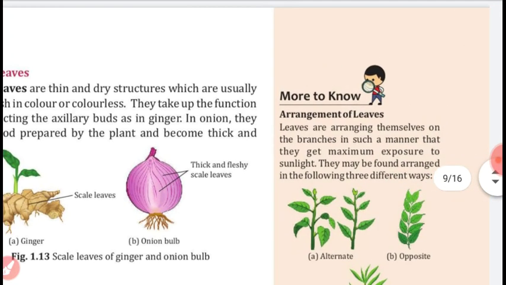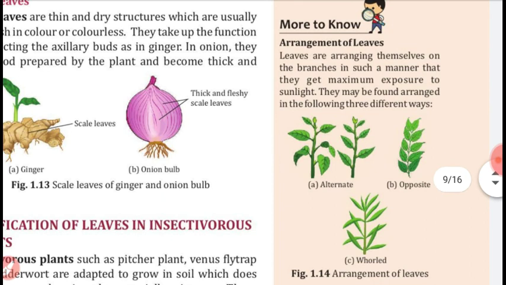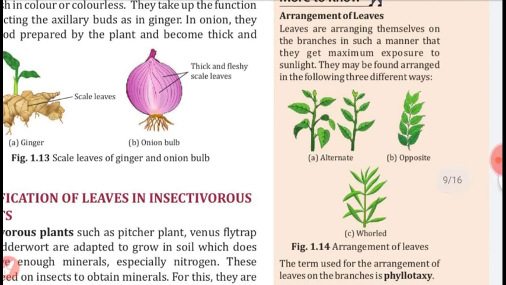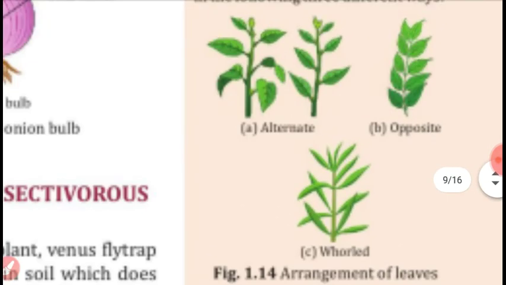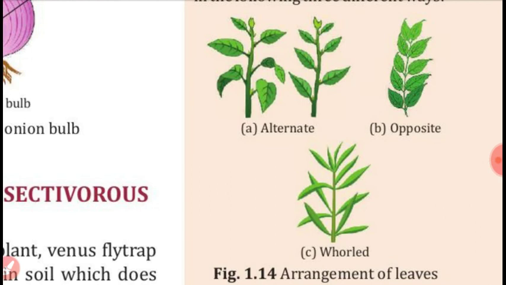So students, one more thing, there are some arrangements of leaves also. That means the leaves are arranged in some different ways. Three different ways of leaf arrangement are given here. You have to learn them. First alternate, second opposite, and third whorled.